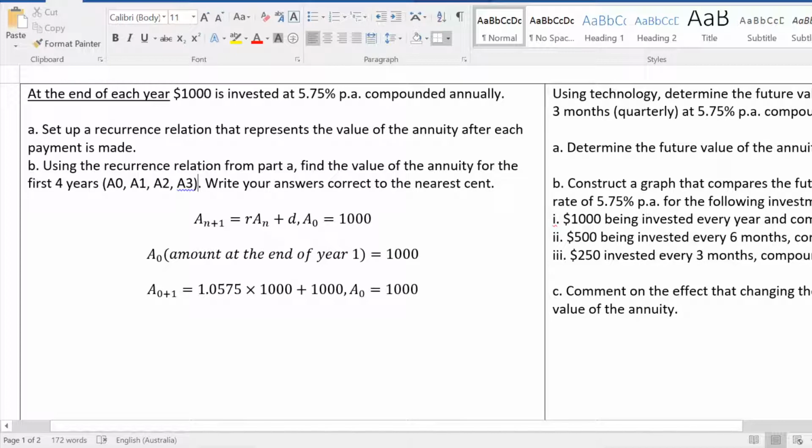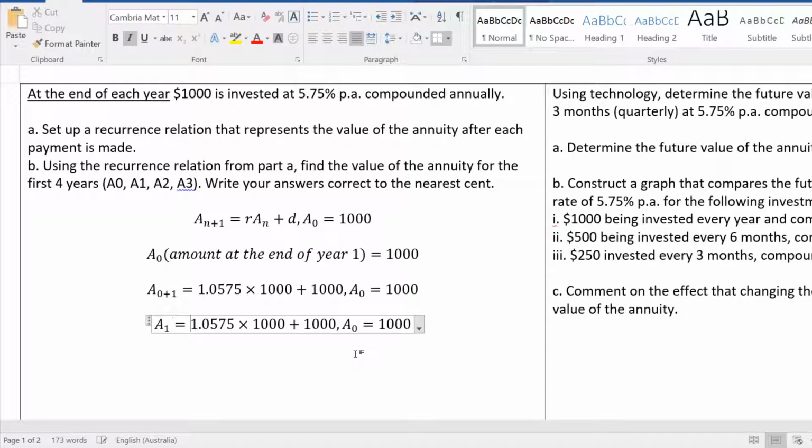Now, going ahead with this one, we put this into the calculator. Let me just grab my calculator. 1.0575 times 1,000 plus 1,000. Let me copy and paste this down again. It's going to give you A1.